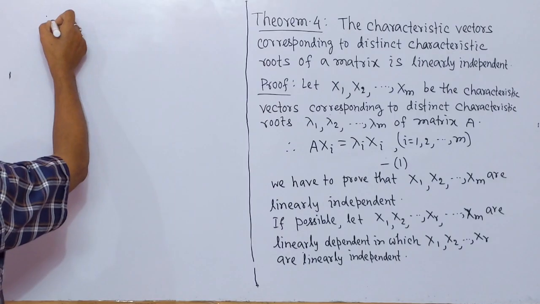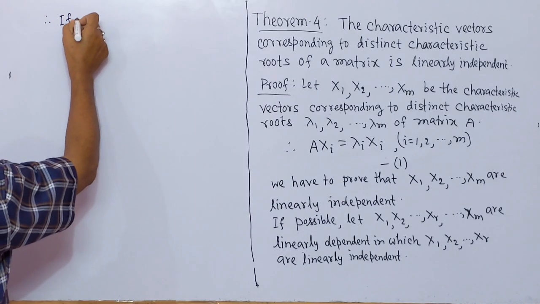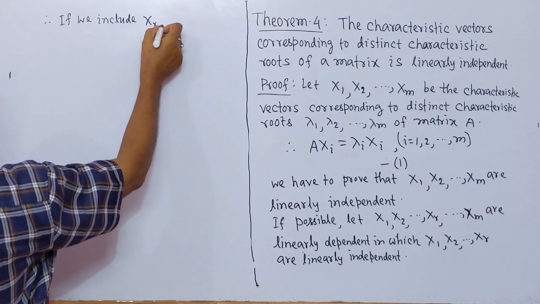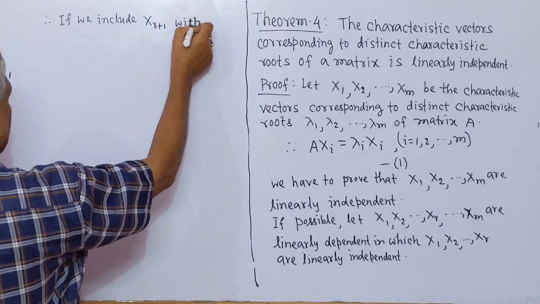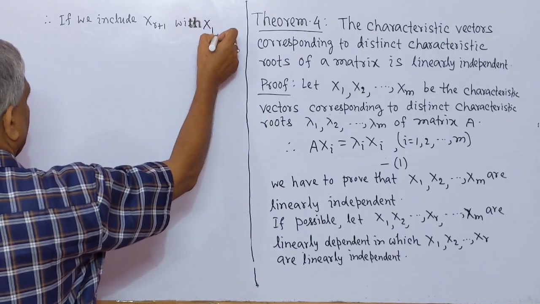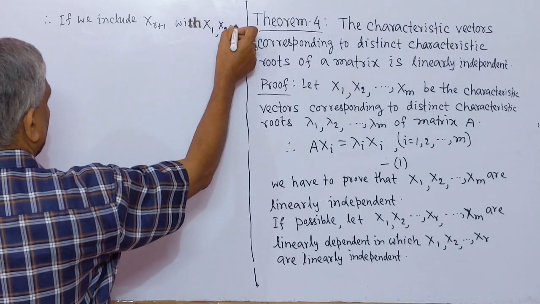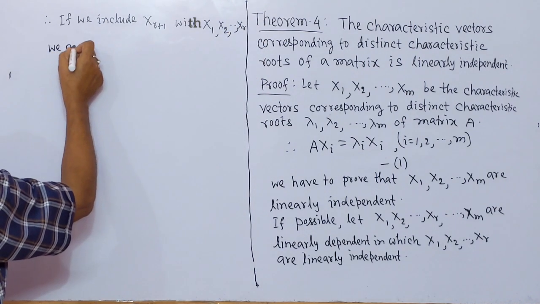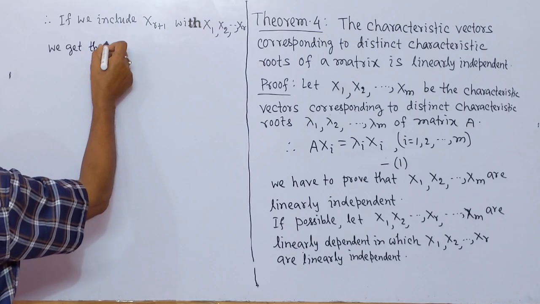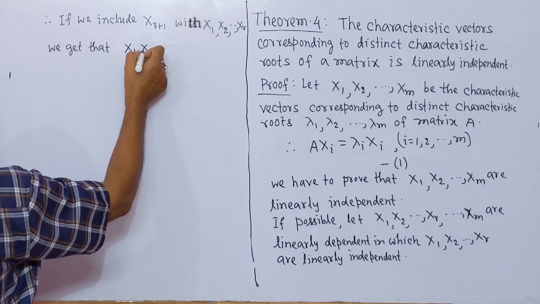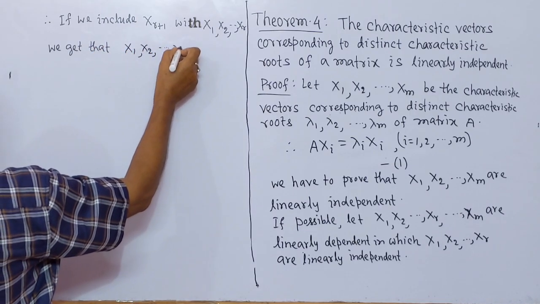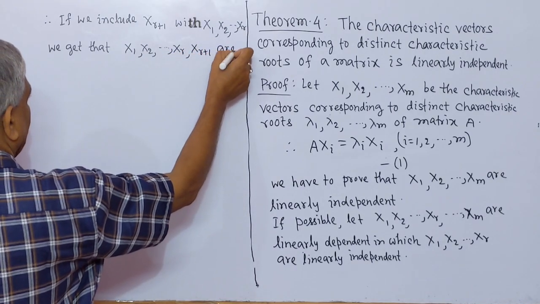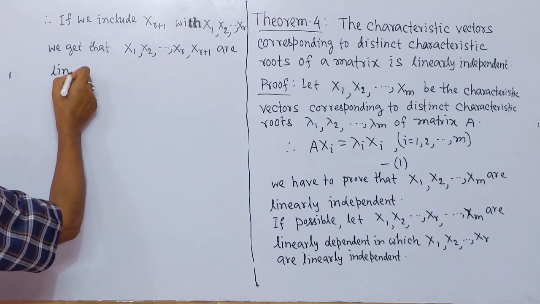Therefore, if we include x(r+1) with x1, x2, ..., xr, we get that x1, x2, ..., x(r+1) are linearly dependent.